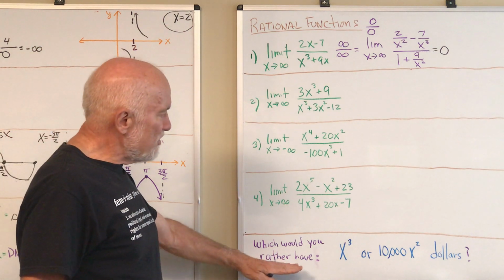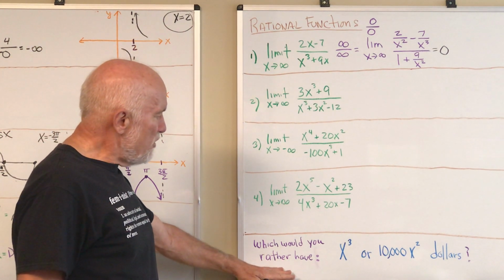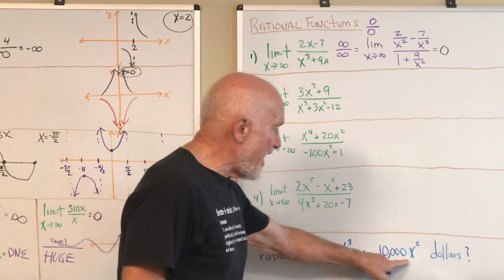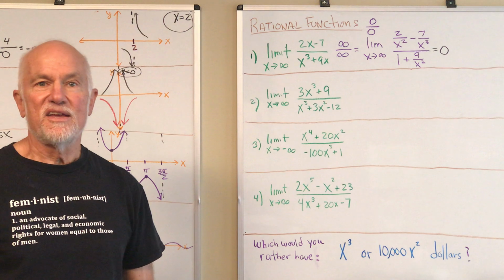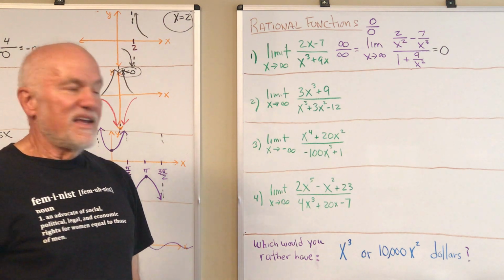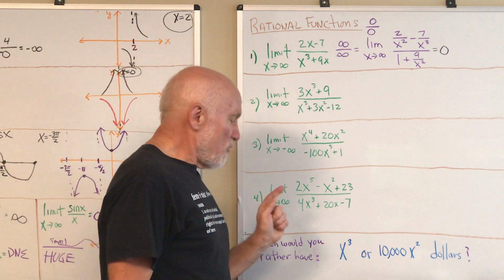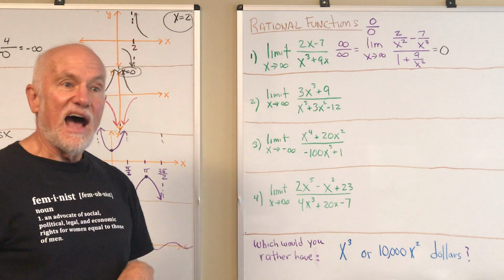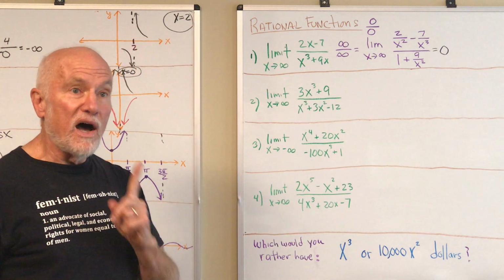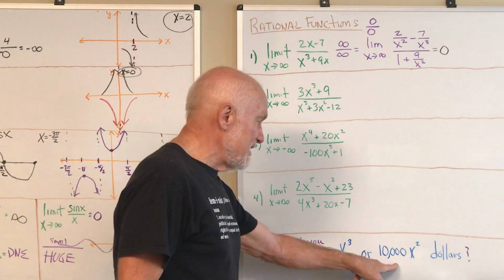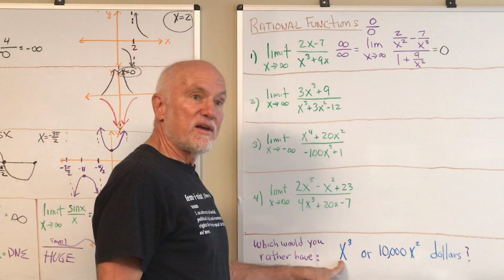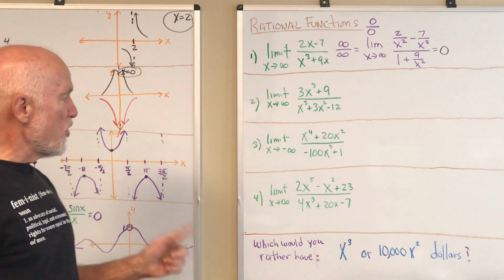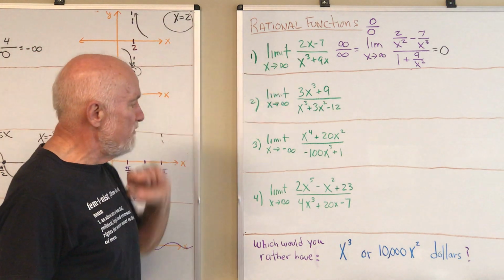It comes down to this problem. What would you rather have? x cubed dollars or 10,000 x squared dollars? Well, I think it really depends on what x is. If x is equal to 1, I would certainly pick 10,000 x squared over 1 cubed, or $1. But we're talking about x approaching infinity.